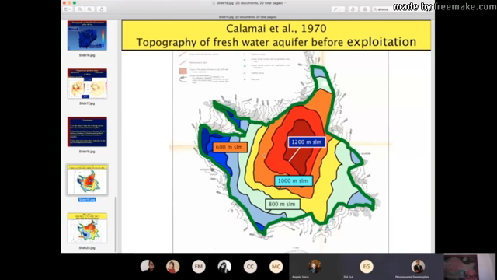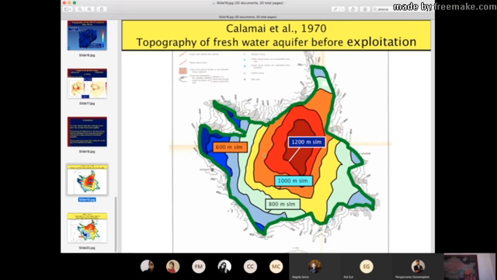So please tell me when you see this next slide. Yes. So this slide, I put some color in it just to make it more clear. This is the map by Calamai et al., 1970, and is the topography of the freshwater aquifer before exploitation. While drilling through the volcanic rocks, they found first the freshwater aquifer.